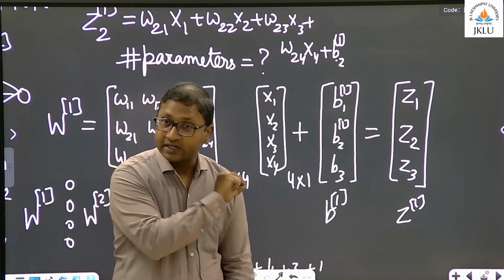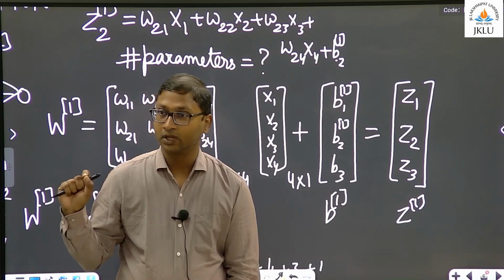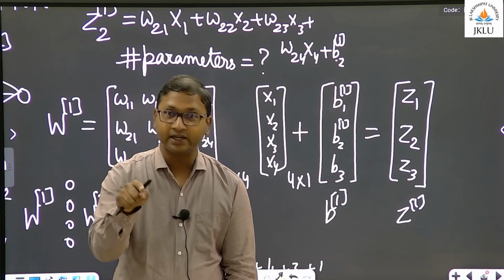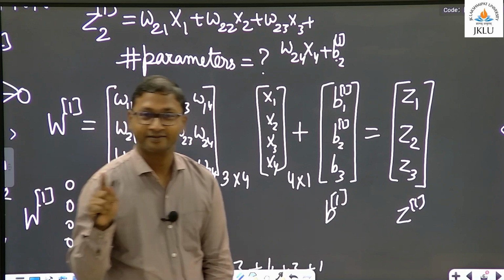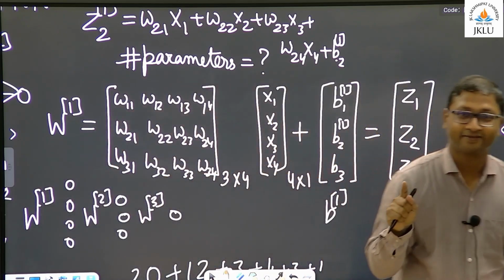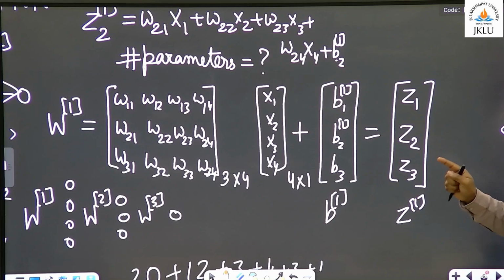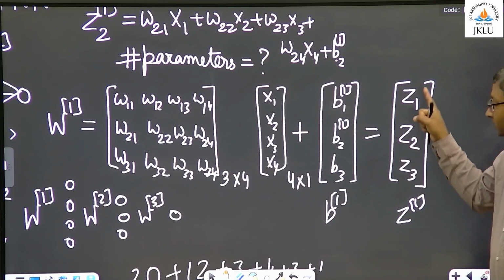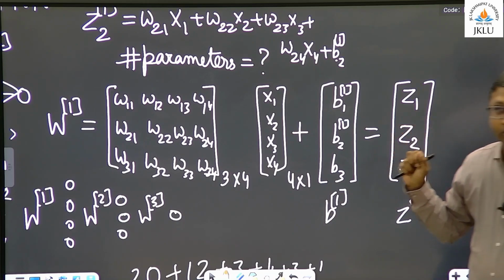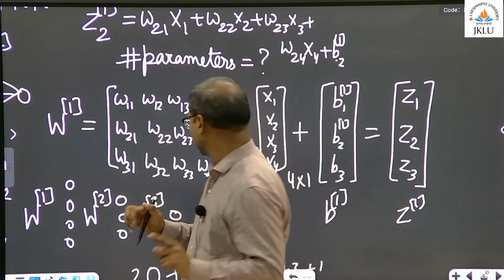You have to be crystal clear with this. Unless your answers are crystal clear in your midterm copy, no marks. Is this equation fine? This was for the computation of Z1.